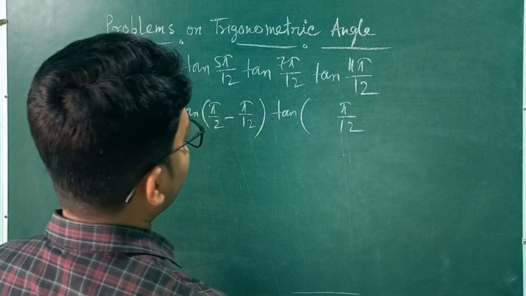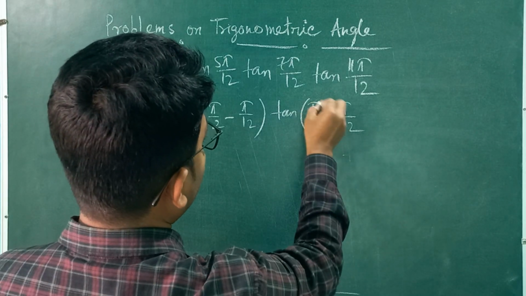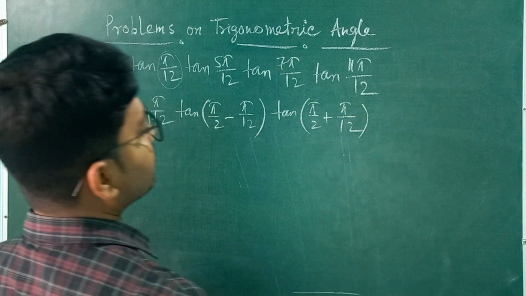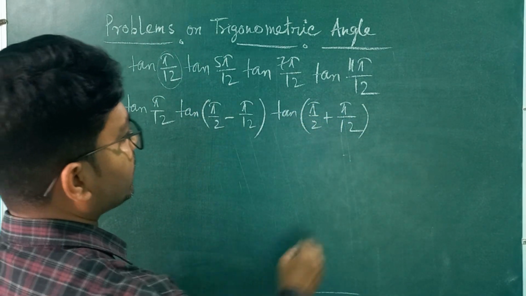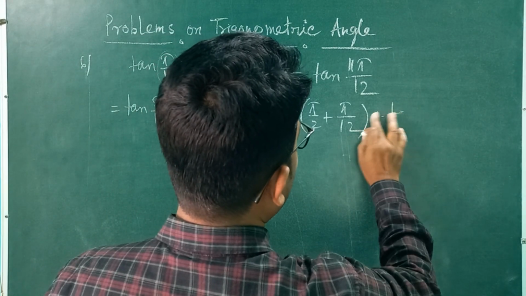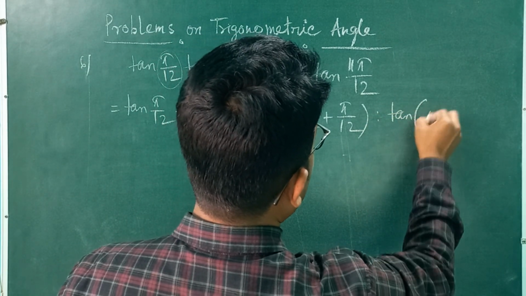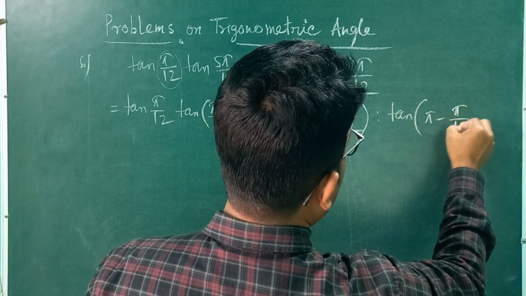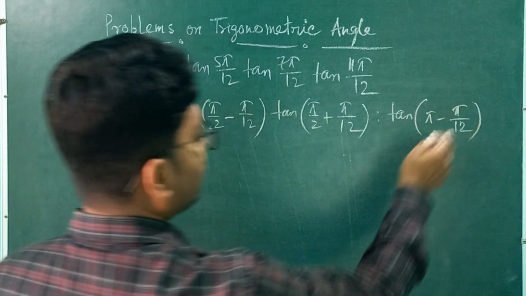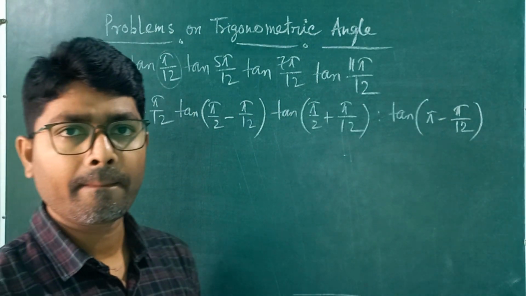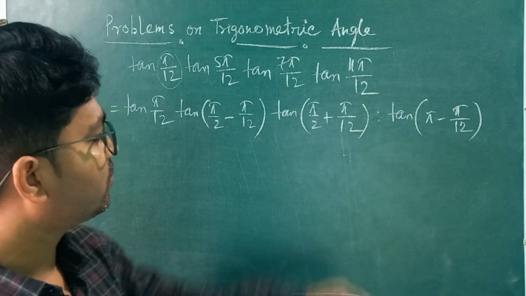Pi by 2 plus pi by 12: 2 6s are 12, plus 1 is 7, and this one tan pi minus pi by 12, 12 minus 1 means 11. So, in this way we can break the angle.